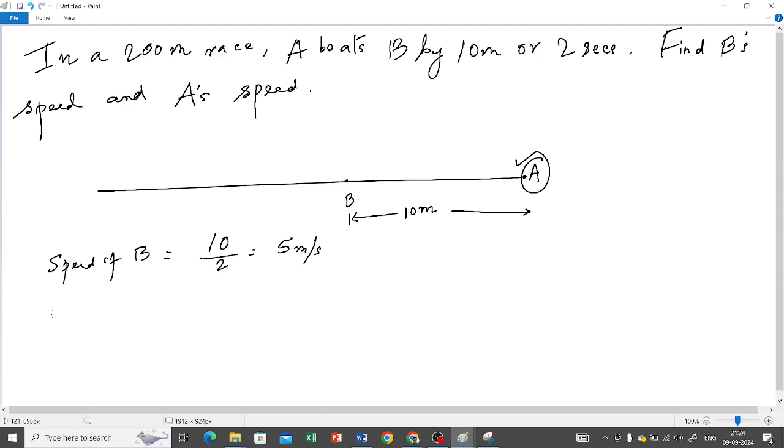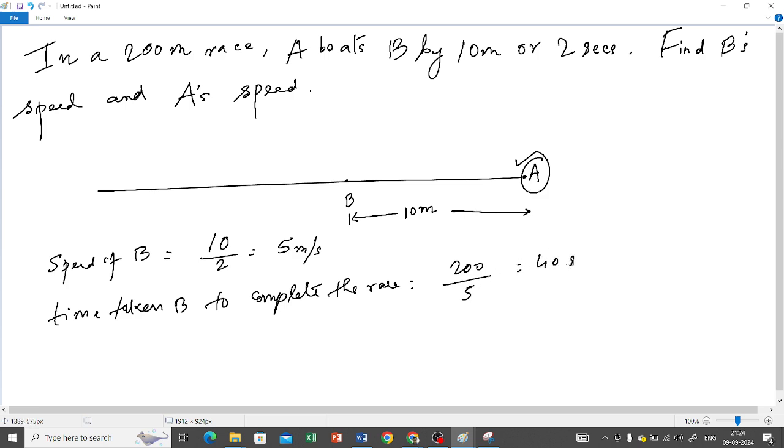So what is the time taken by B to complete the race? 200 by 5, which is going to be 40 seconds. Then what is the time taken by A to complete the race? 38 seconds. So what is the speed of A?